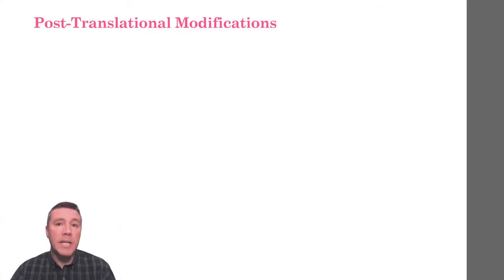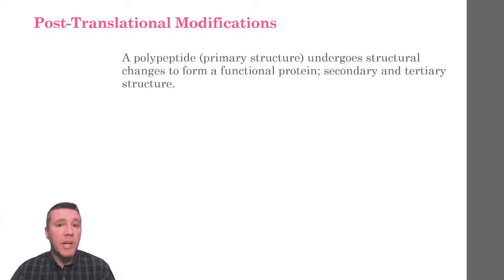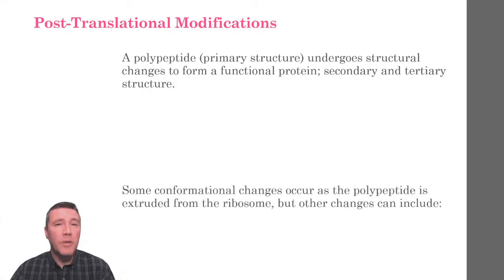The polypeptide is a protein's primary structure. In order to assume secondary and tertiary structure, modifications are made to it. Some of these changes are occurring concurrently with translation as the polypeptide is coming out of the ribosome. The most common changes to a polypeptide include the addition of functional groups.